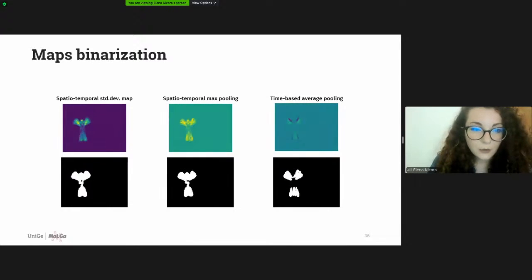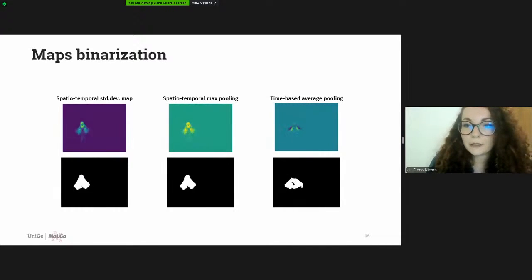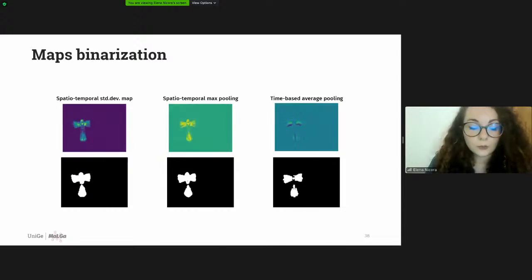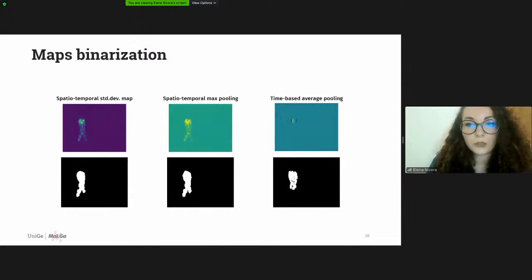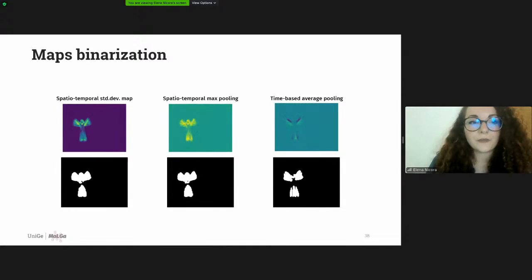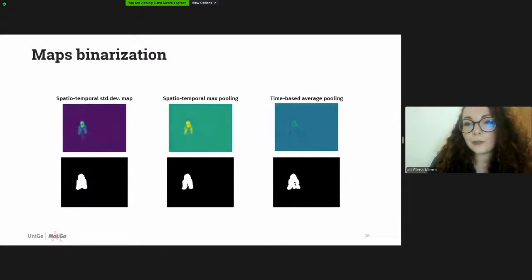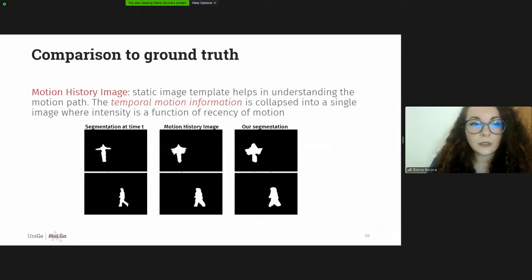And of course, our 3D implementation, in the way that we applied it to blocks of frames, collapses information into a single image. And so the segmentation that we end up having is more related to a motion history image than an instantaneous segmentation.